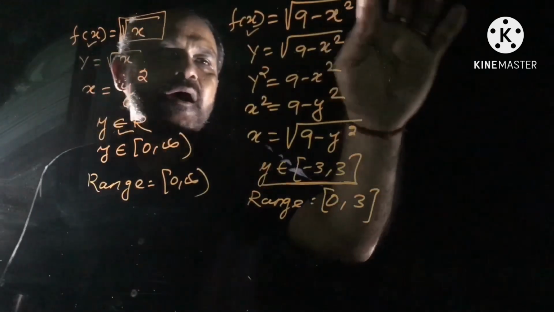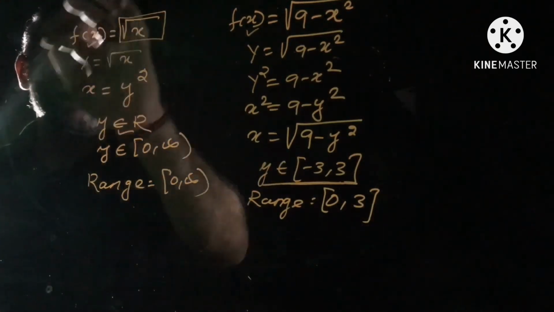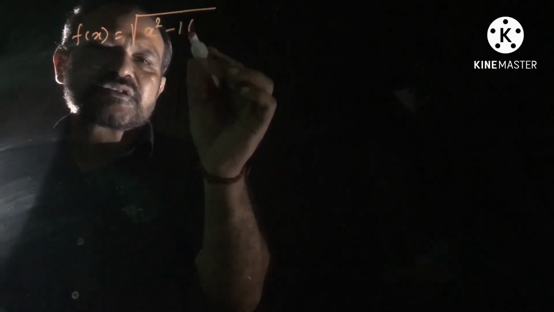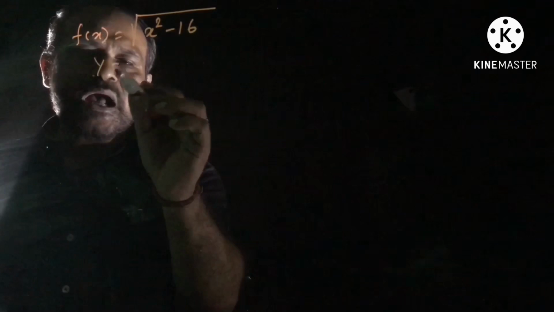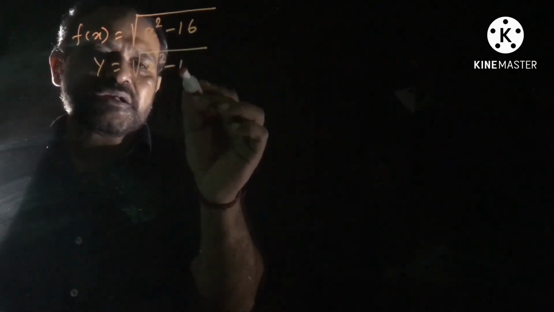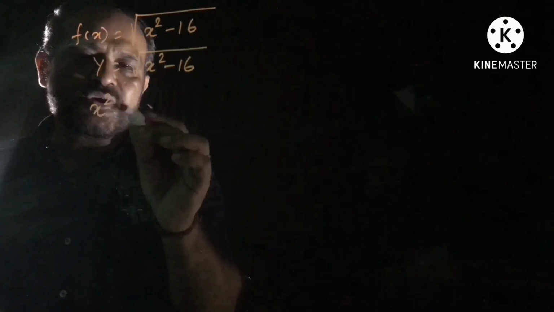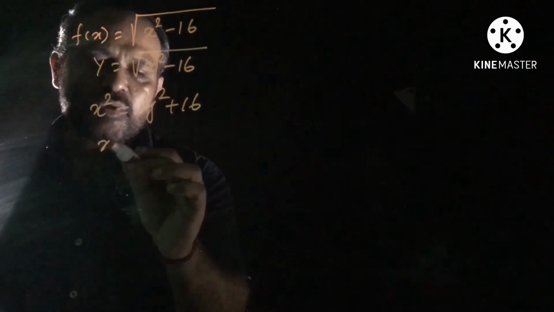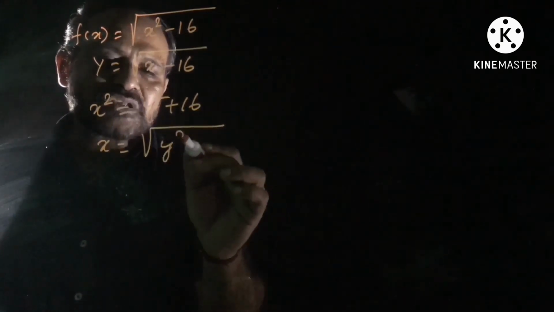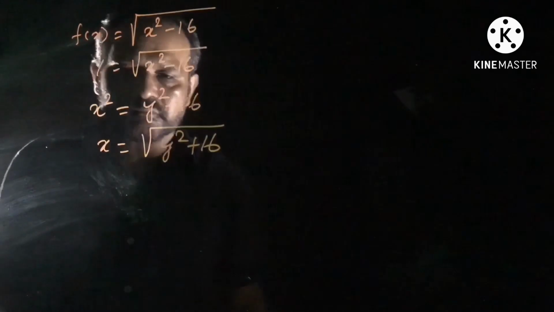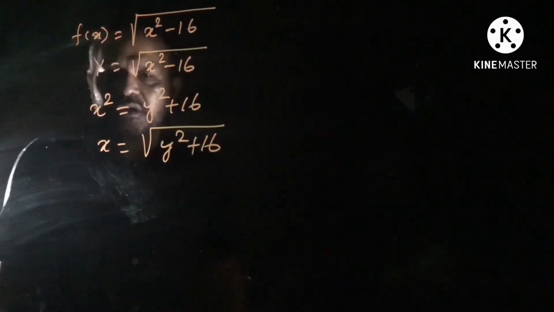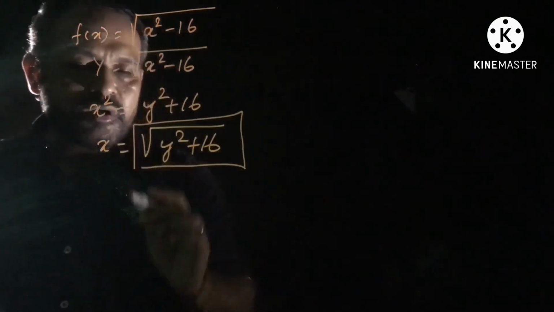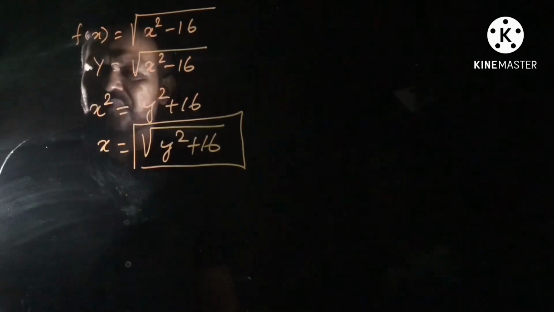Next we have to find out the range of f of x is equal to square root of x square minus 16. If we consider y is equal to square root of x square minus 16, then x square is equal to y square plus 16. X is equal to square root of y square plus 16. Now we have to find out the values of y for which root over y square plus 16 is defined.